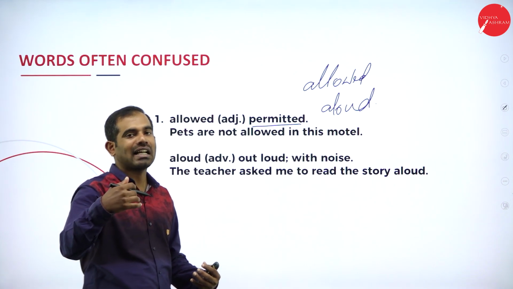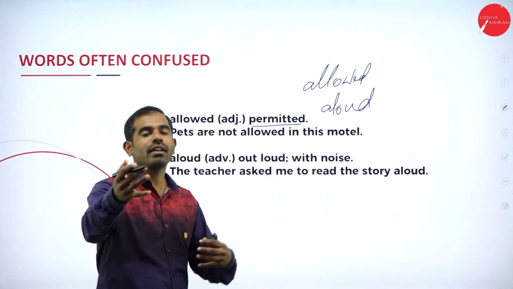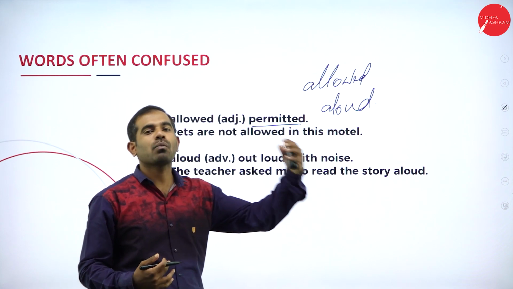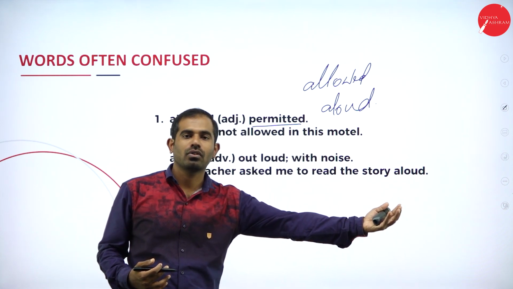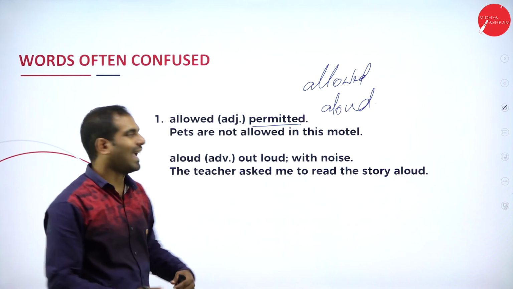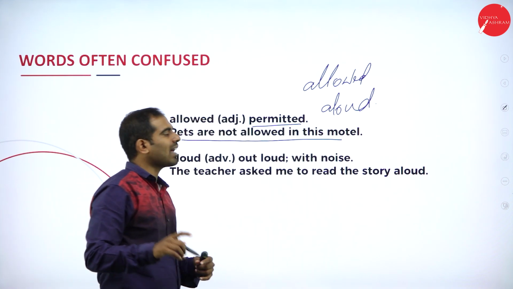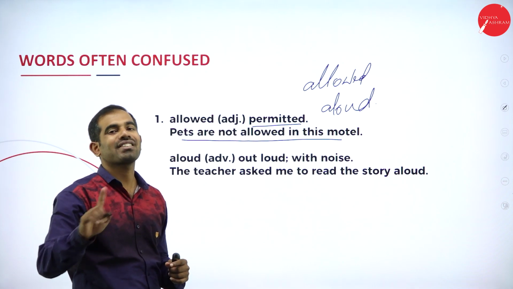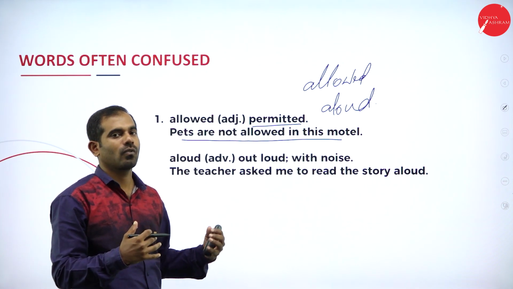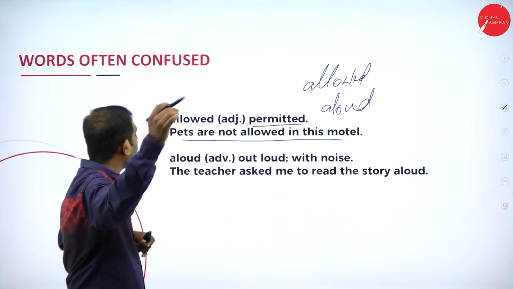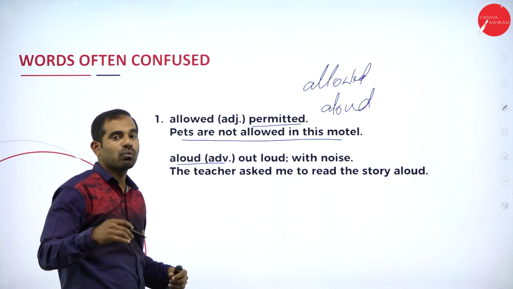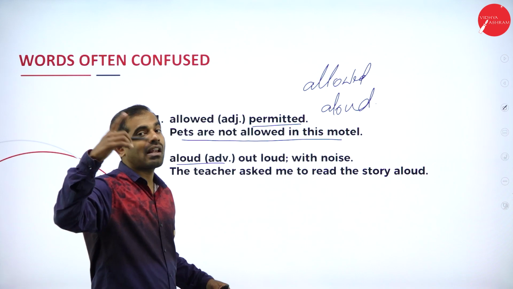He was allowed to the classroom, so he was permitted to enter the classroom. For example, pets are not allowed in this motel or hotel, right? They are not allowed. What is the second one? It is an adverb, aloud, out loud.